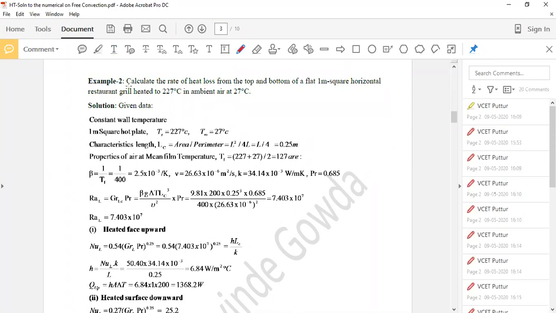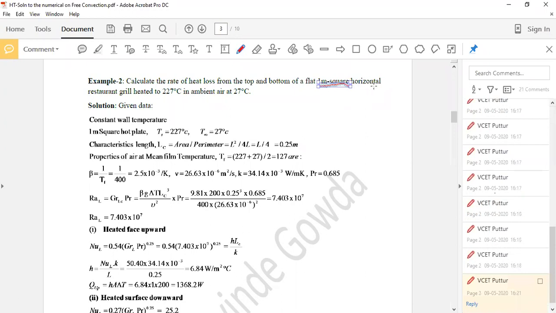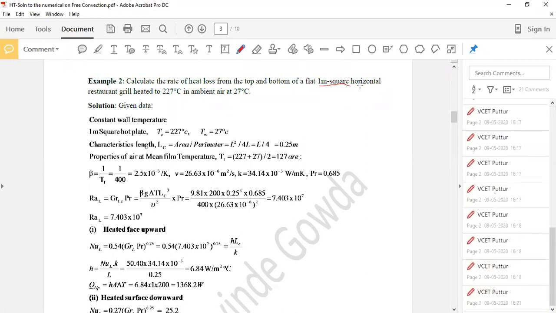The problem goes like this: calculate the rate of heat loss from the top and bottom of a flat 1 meter square horizontal restaurant grill heated to 227 degrees centigrade in ambient air at 27 degrees centigrade. Remember, a 1 meter square plate, that is 1 meter by 1 meter, is placed horizontally. And remember the top and bottom.